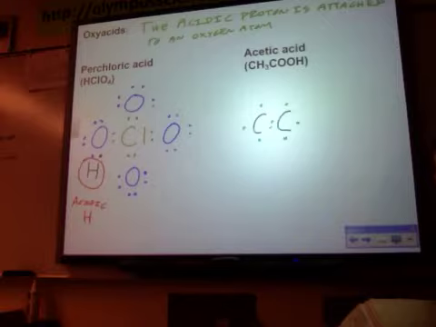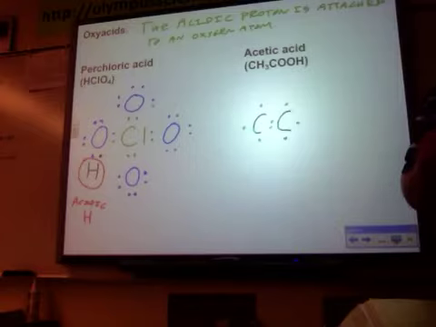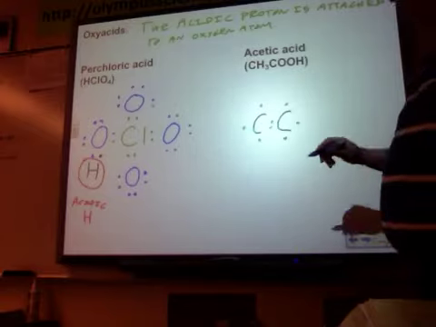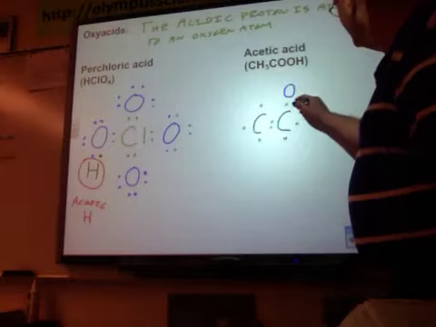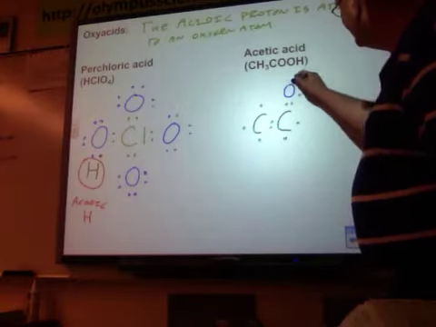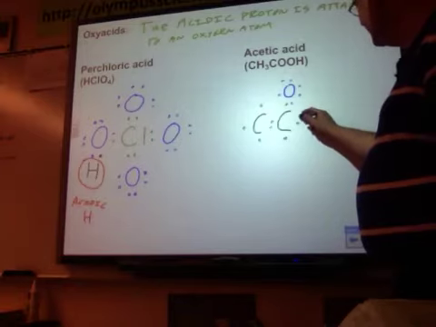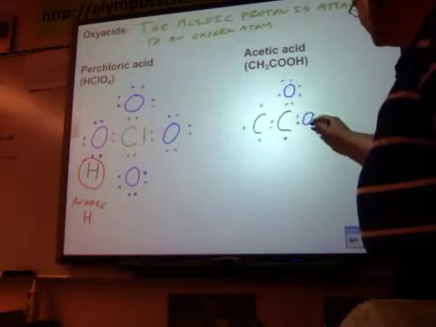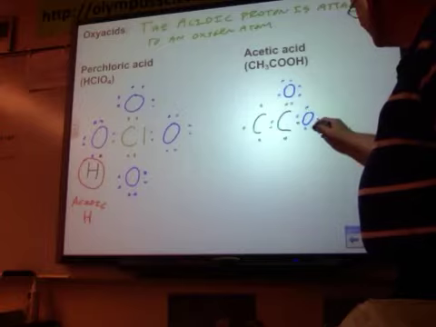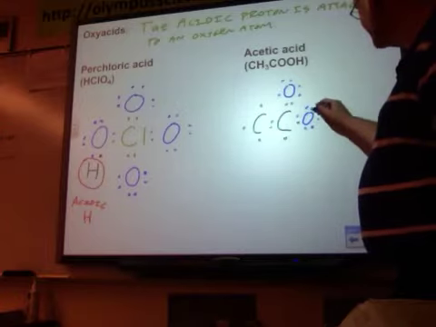Where are we going to put the oxygens? It looks like both of them are attached to the same carbon, doesn't it? And they are, in fact. Here's 1, 2, 3, 4, 5, 6. And here's 1, 2, 3, 4, 5, 6.